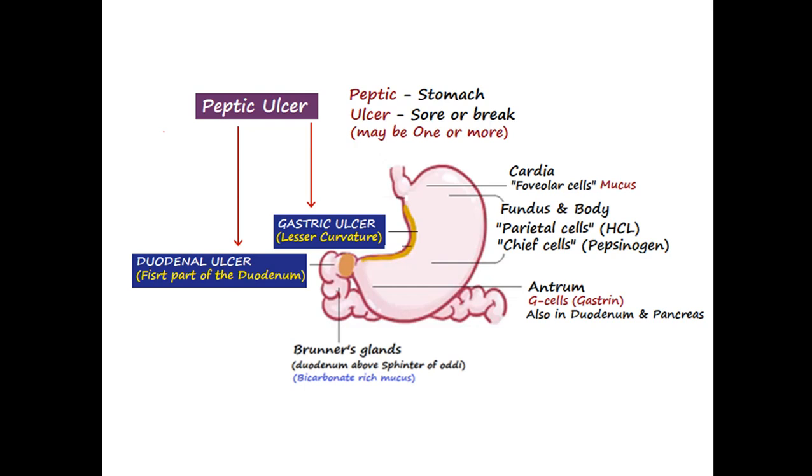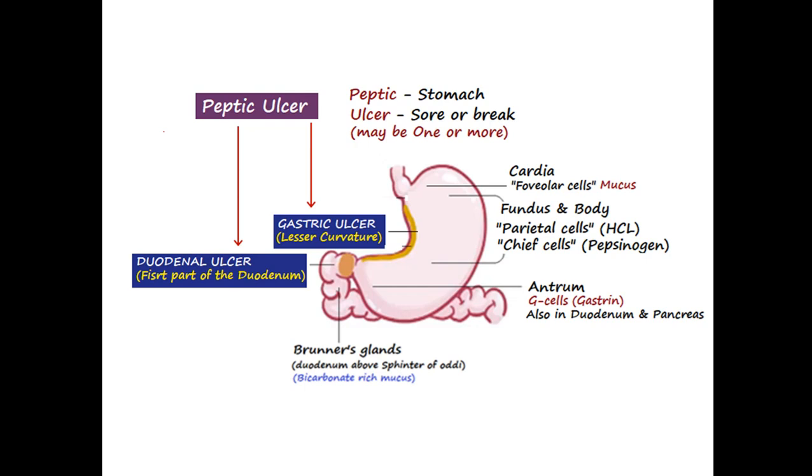Additionally, the fundus and body or corpus of the stomach also contain chief cells, which are stimulated and secrete a precursor form of a proteolytic enzyme known as pepsin. So, pepsin is secreted as a precursor form known as pepsinogen, and the pepsinogen is converted into pepsin by the HCl produced by the parietal cells.